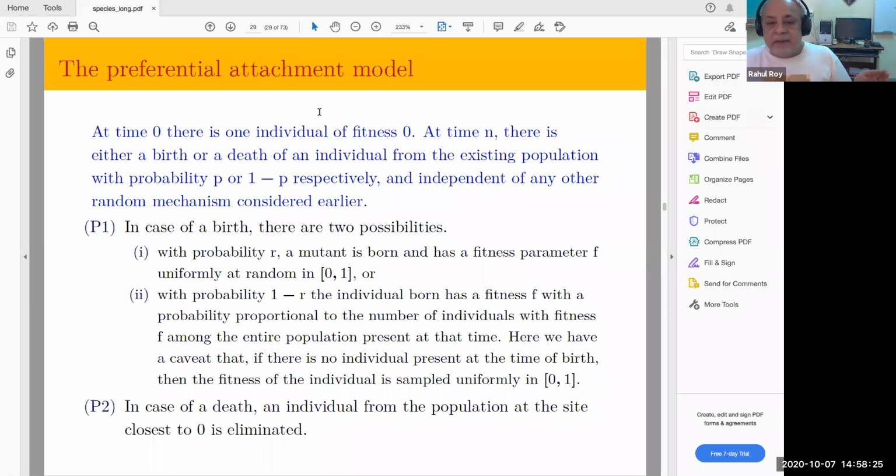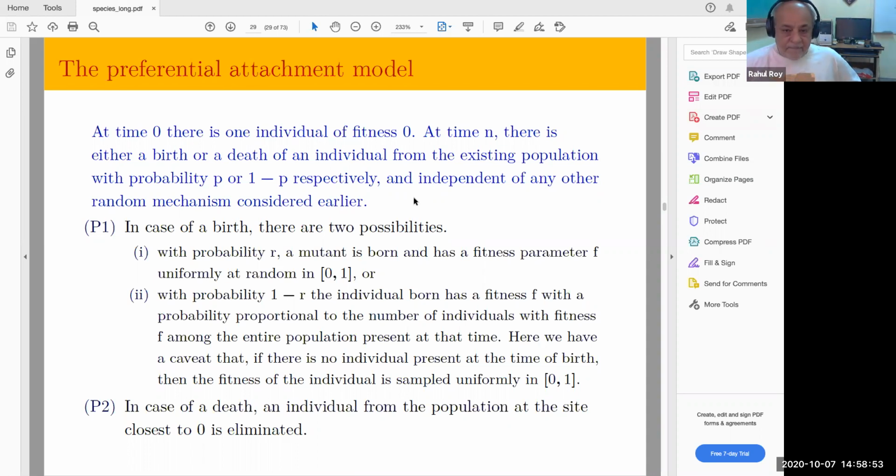The model is more or less the same as the Ben-Ari and Schinazi model. At time 0, there's one individual of fitness 0. At time n, there is either a birth or a death of an individual from the existing population. A birth happens with probability p, a death happens with probability 1 minus p, independent of any other random mechanism considered earlier.